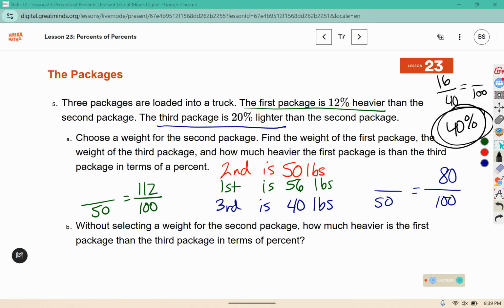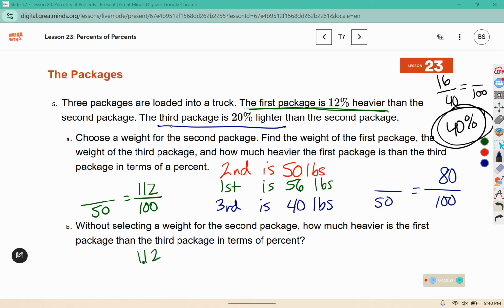Without selecting a weight for the package, how much heavier is the first package than the third package in terms of percent? Well, let's see. We had that the first package is 12% heavier, so that's 112%, or in terms of a decimal, it'd be 1.12.